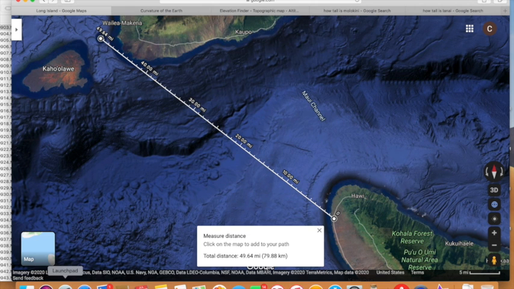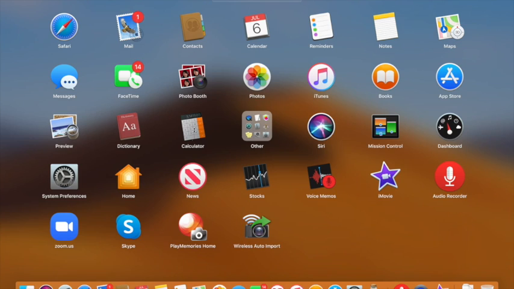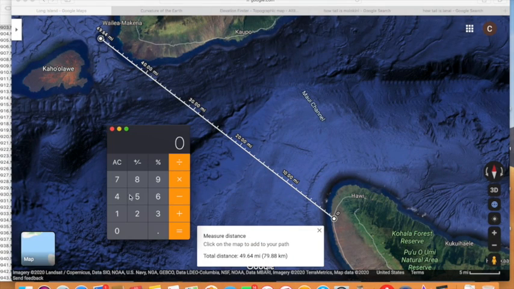Okay, let's do that with the calculator. So we got 50 miles here. We square that number. What should it make? 2,500 makes a lot of sense to me. So we multiply that by just a little bit below the value of 2/3. So according to Robert and his theorem, we shouldn't be able to see anything below 1,662 feet.